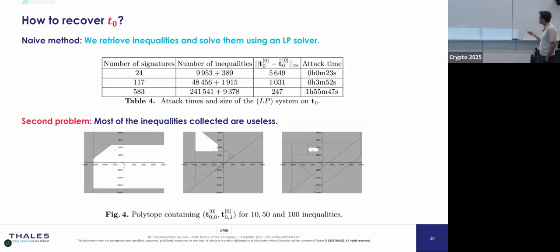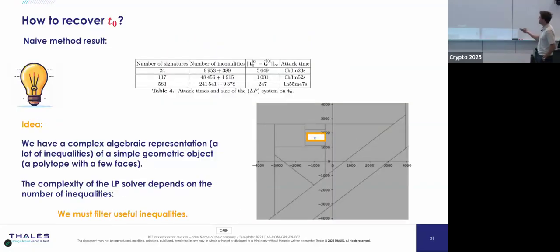As we can see in this little example, most of the inequalities that are collected are not useful to describe the set of solutions, and I search T0 in this set of solutions. Another problem is that, as the complexity of the linear programming solver depends polynomially on the number of inequalities it receives, we cannot increase the number of inequalities we send to it endlessly. And so we need a second idea.